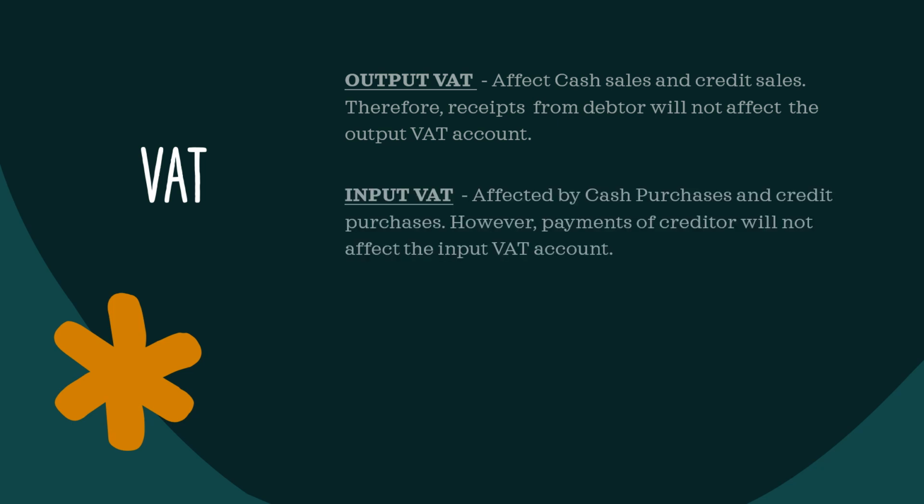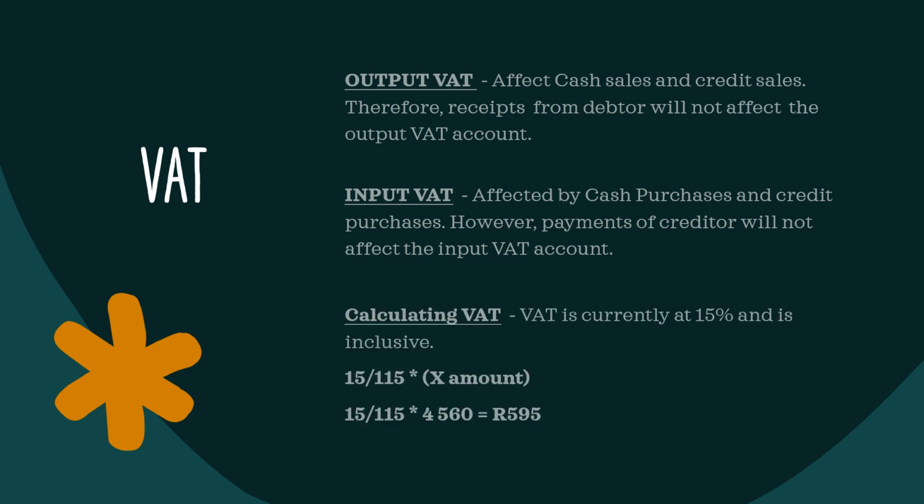And similar will happen with input VAT. Input VAT will be affected by the cash purchase and credit purchase. However, payments of the creditor will not affect the input VAT because the VAT was already recorded when the credit purchase was transacted.